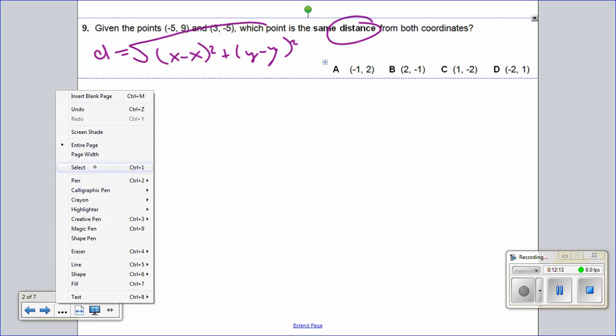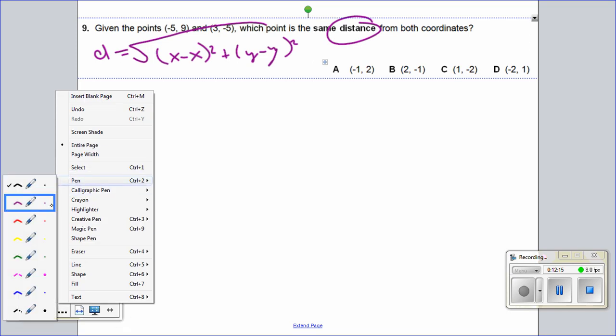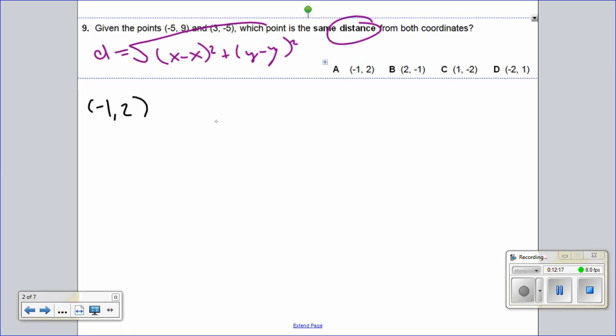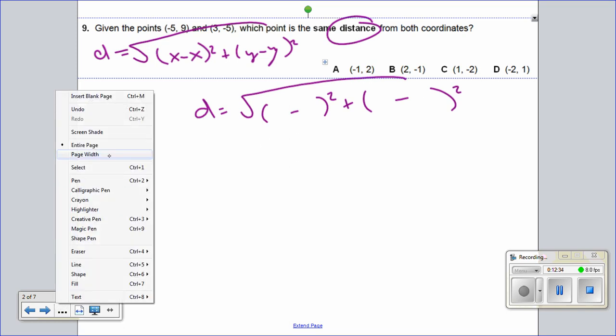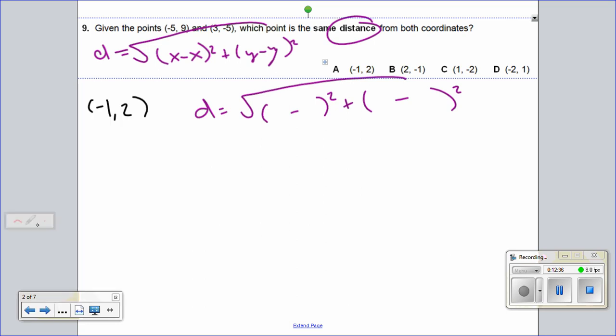I'm first going to find the distance between it and our first coordinate. I always set up my skeleton to get ready to write. So for this one, my x's are -5 and -1.